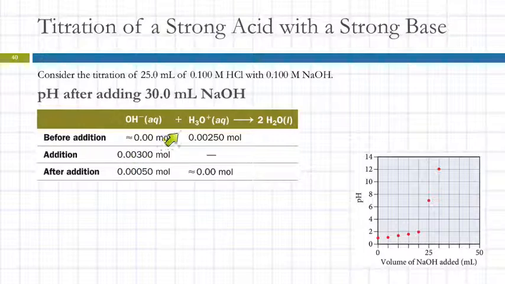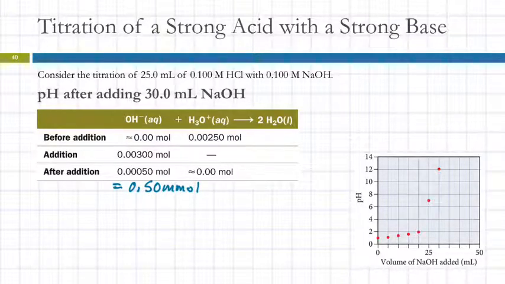But now we have more hydroxide than hydronium ion. So we're going to use up a stoichiometric amount of this, and we're going to have 0.0005 moles left. Does that make sense? So I'm going to change that to millimoles. That's 0.50 millimoles.